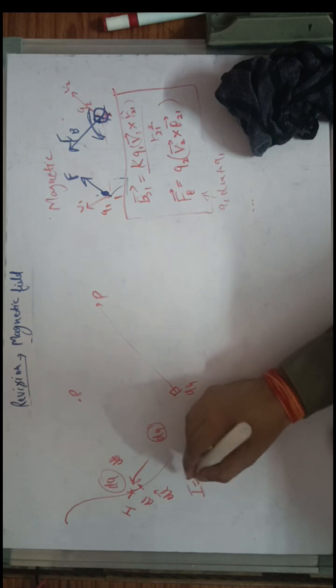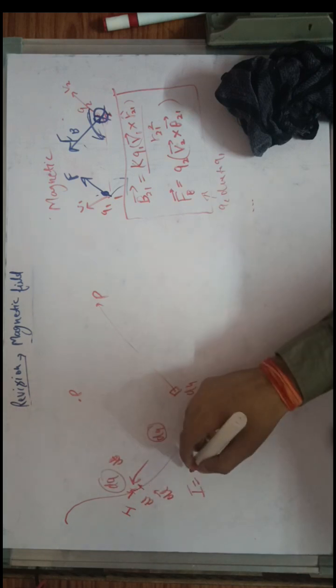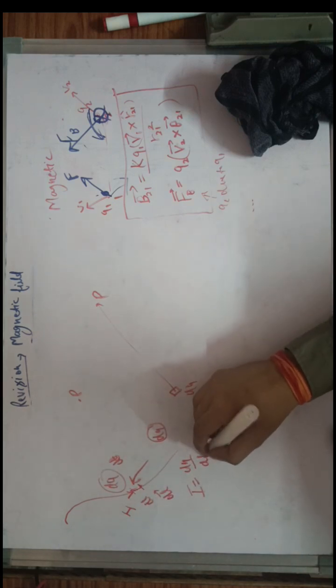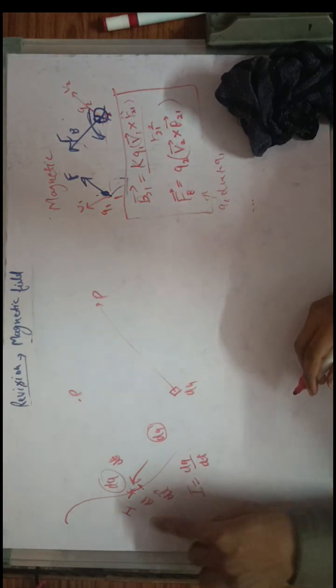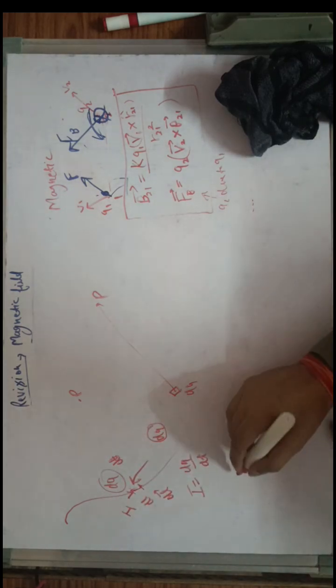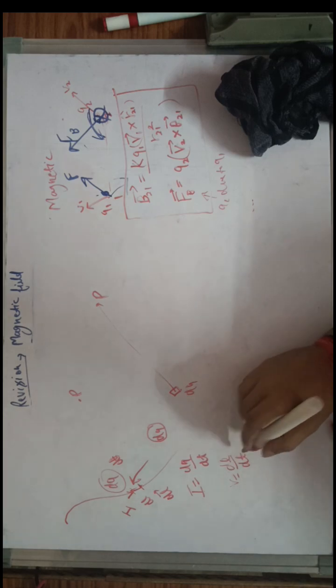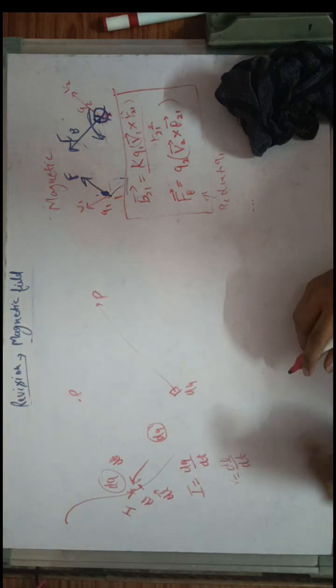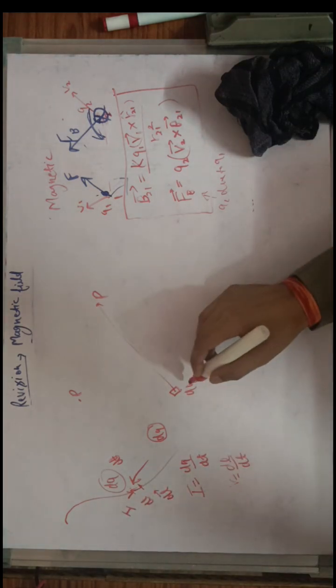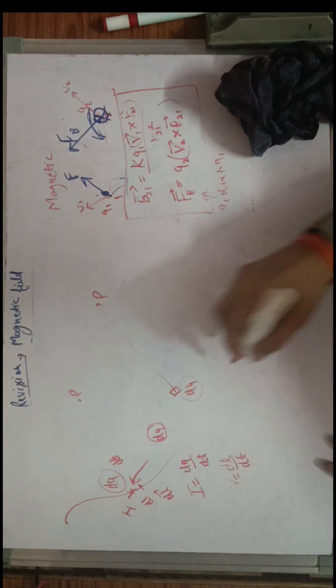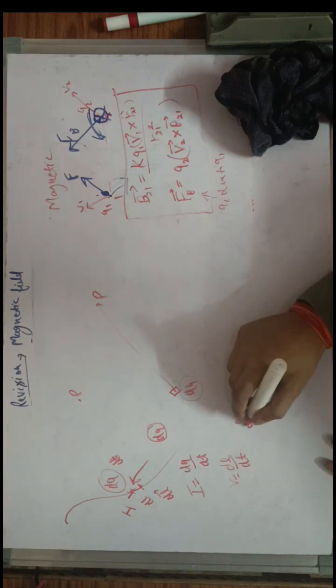The current is equal to the dq charge which passed out divided by the dt time, and the length which it traveled is dl, and dividing it by the dt time will give the velocity of this charge. So now I know the velocity of this dq charge, which is in the direction of dl cap.